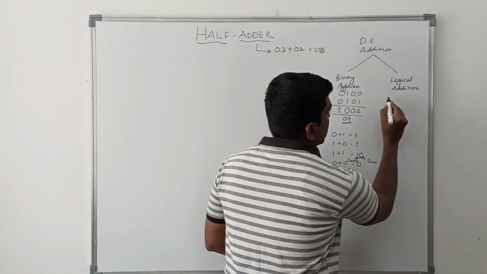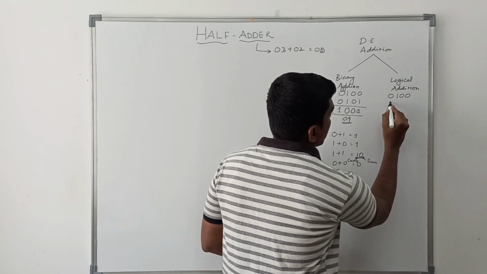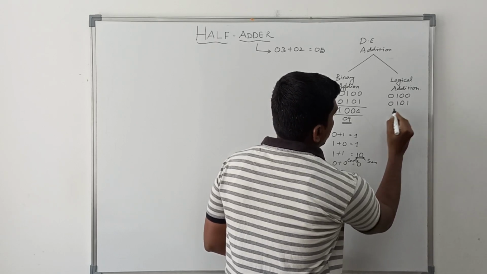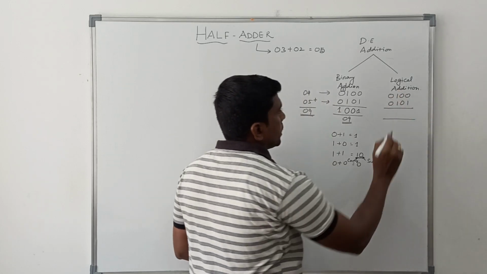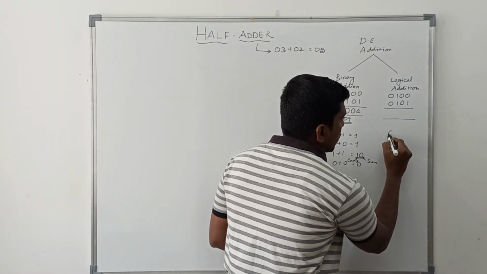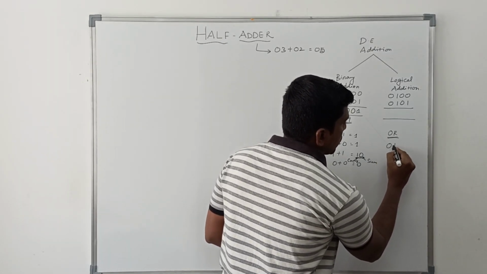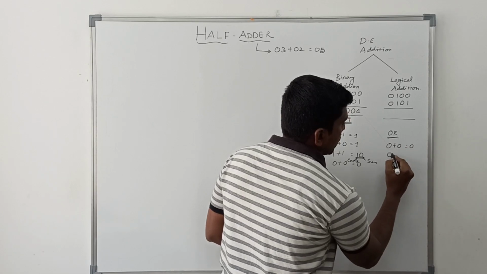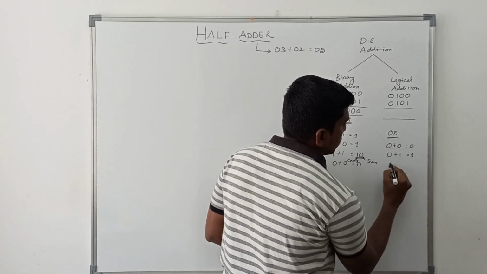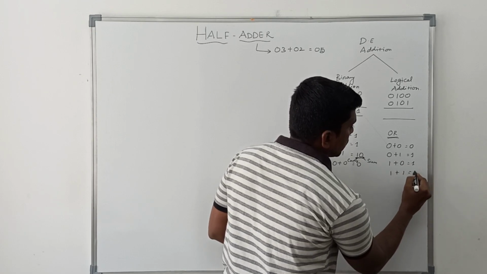Come to the logical addition. Here the first number is 0100, second number 0101. In logical addition you just apply the property. Here the OR gate is doing the addition operation. OR gate truth table: 0 plus 0 is 0, 0 plus 1 is 1, 1 plus 0 is 1, 1 plus 1 is 1.